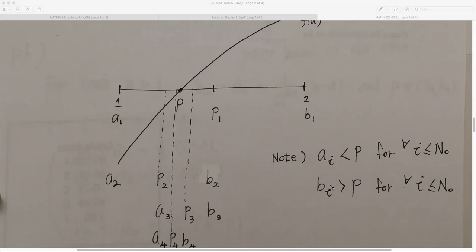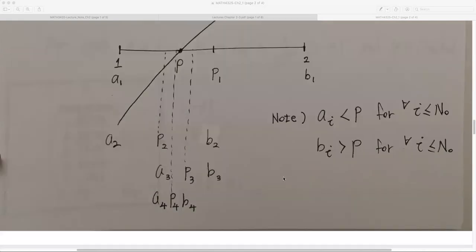Now, how can you figure out whether an interval contains p? You just figure out the sign of f of a_i times f of b_i. If f of a_i times f of b_i is less than 0, then the interval must contain p.